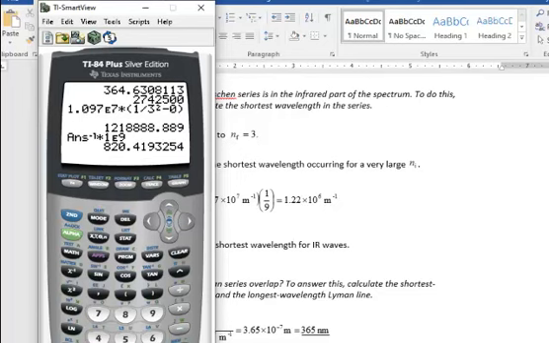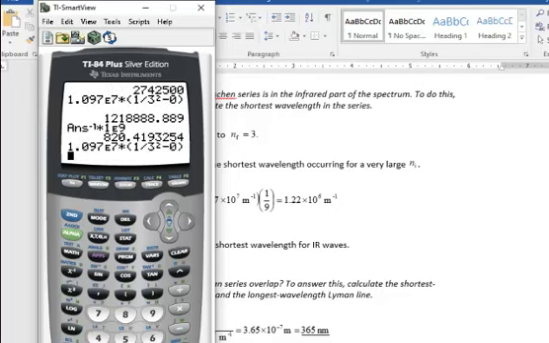Let me just show you what I said earlier, either the second fraction is virtually 0, or you put in a very large number there, such as this one. So here I'm going to put, yes, it jumps down to the third orbit for the Paschen series.